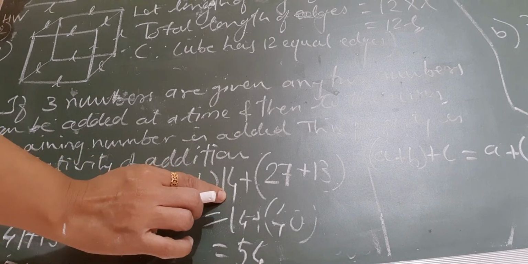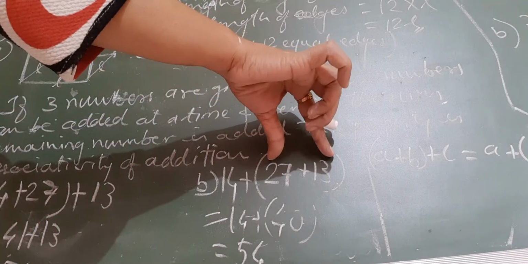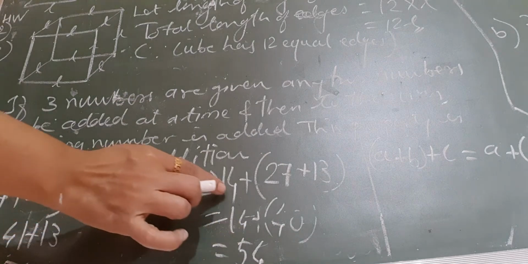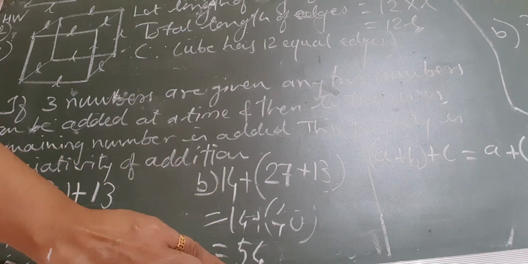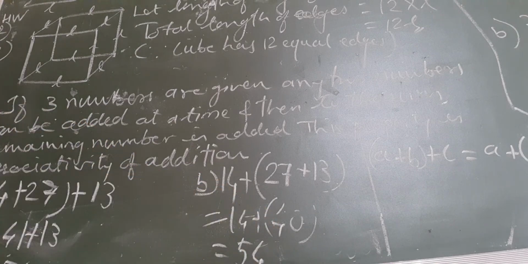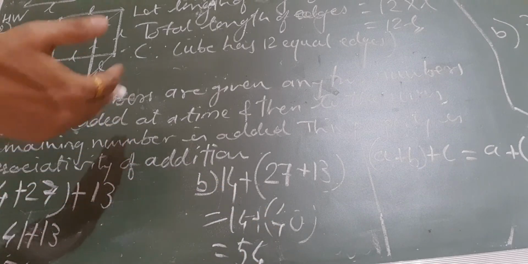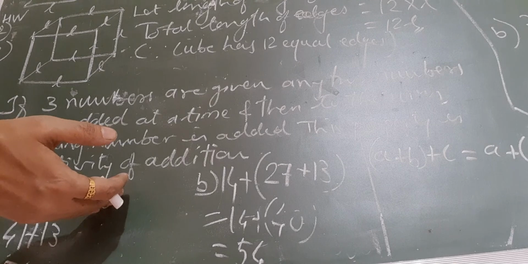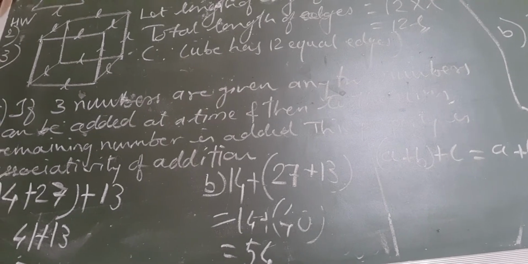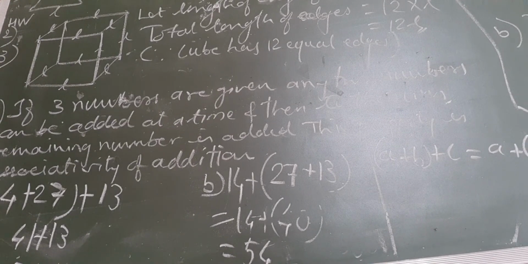In another way, we added 27 and 13 first, and then added 14, and we got the result 54. It means in both cases we get the same result, and this is nothing but the associative property for addition, which we have already seen: a plus b plus c is equal to a plus b plus c.